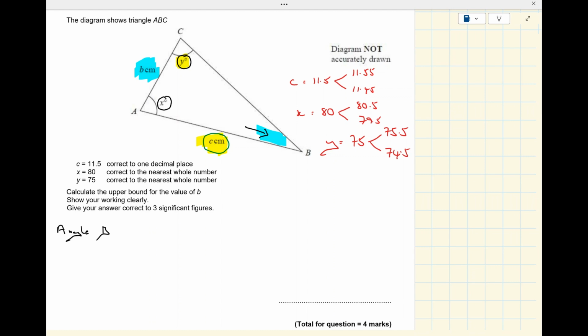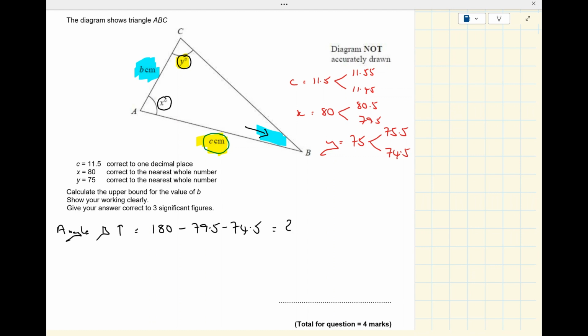Now it's going to have a lower bound and an upper bound. Okay, the angle B upper is going to be 180 take away the lowest possible value of X and the lowest possible value of Y. So that is going to be the upper bound of the size of angle B. Just making sure I don't press the wrong button on my calculator.